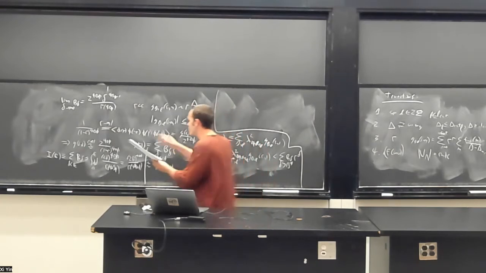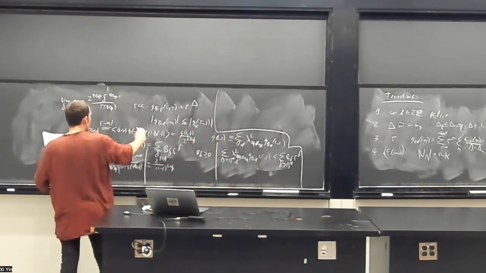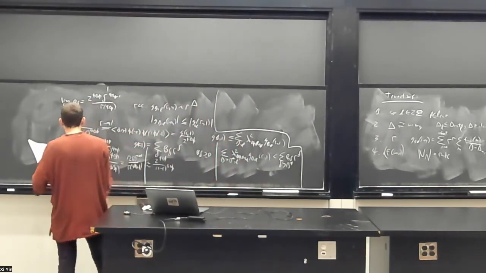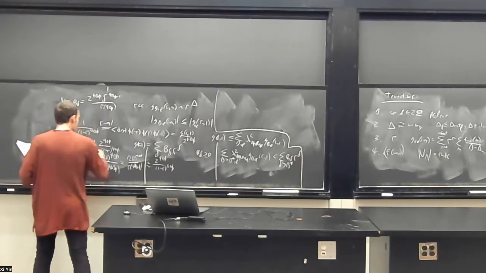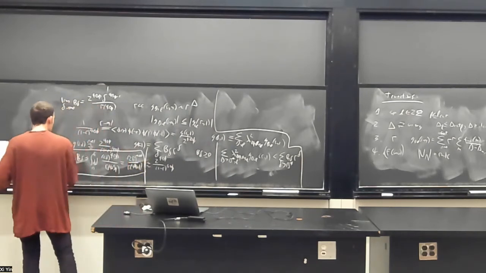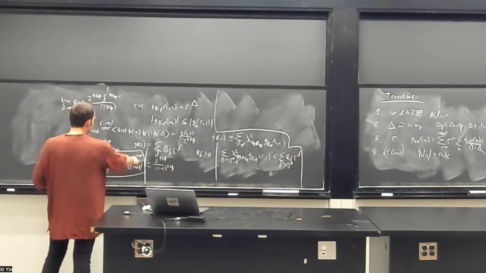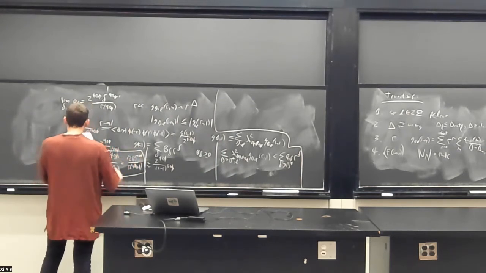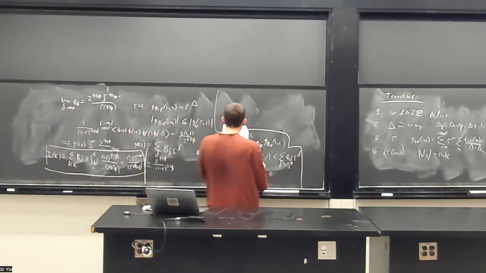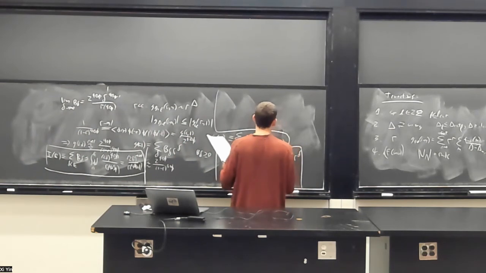But for now, let's just assume this is a reasonable guess, because after all, it did reproduce the R goes to 1 value. And we're just going to use this fact in a moment, which is that this I of E, which is summing all B's up to E, is roughly E to the power of 4 delta phi times this factor. And so now we're going to use that to show our final result, which is what we'll do next.